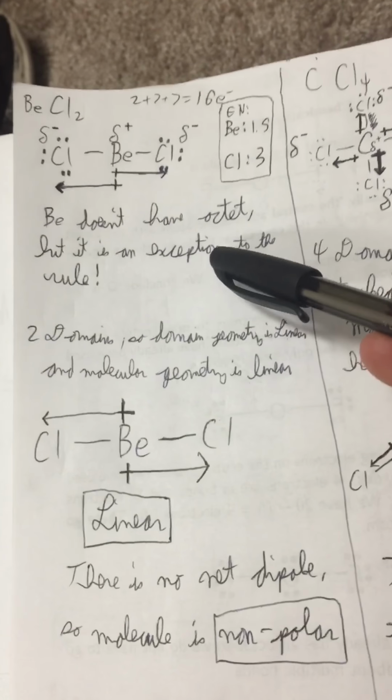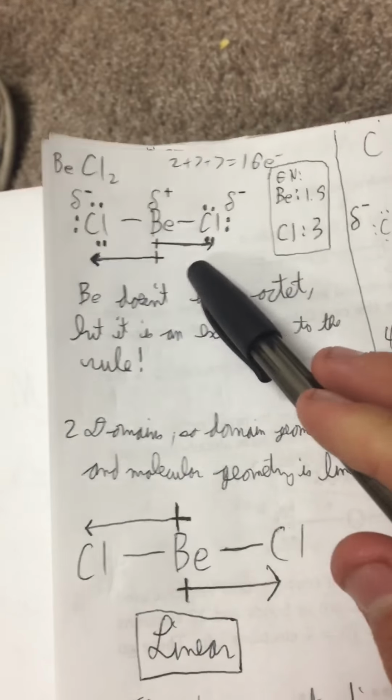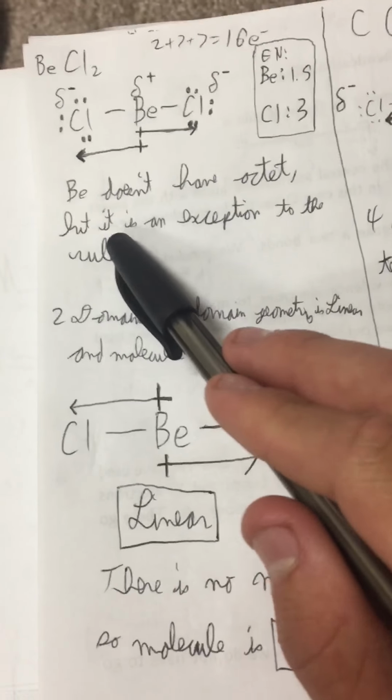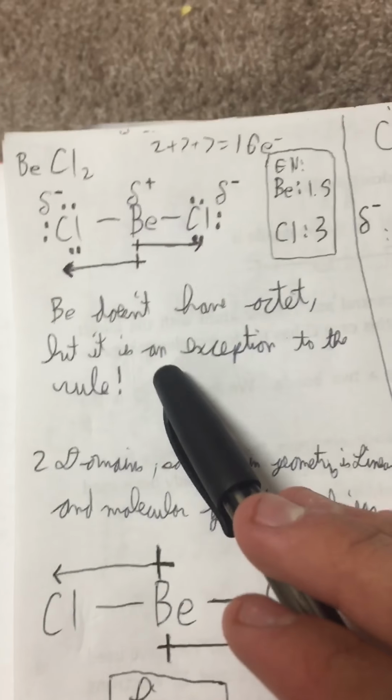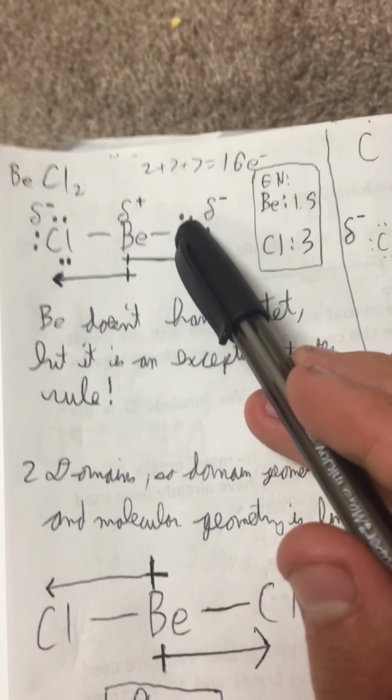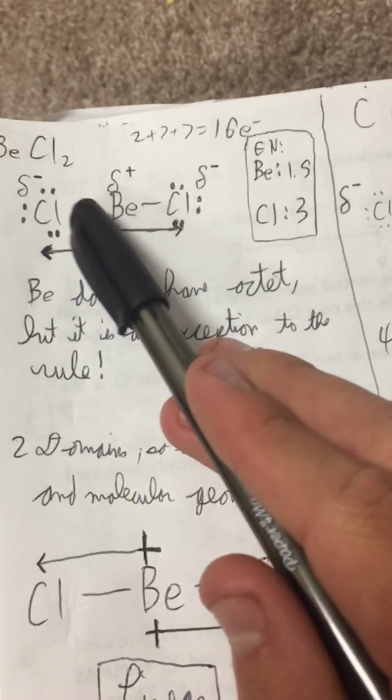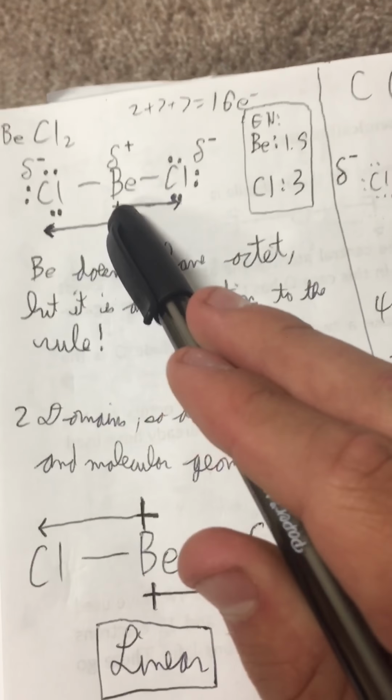For BeCl2, the mistake is altering the Lewis structure to make Be have an octet. Be doesn't have to have an octet because it is an exception to the rule. If you did not know that, you would be trying to make these two go into a bond and these two go into a bond to make sure they all have octets.